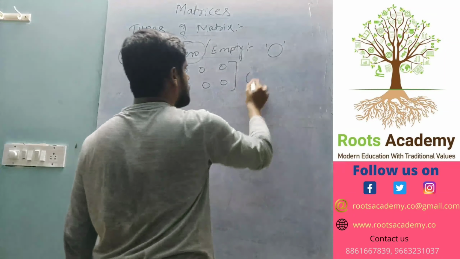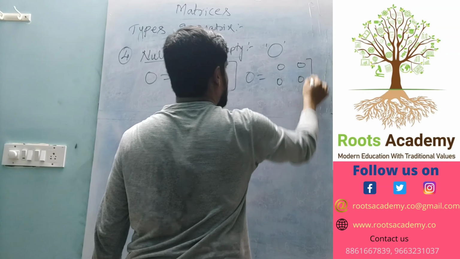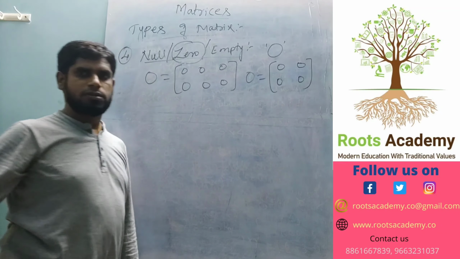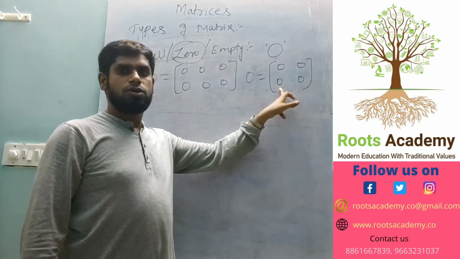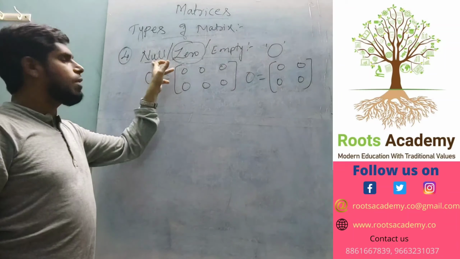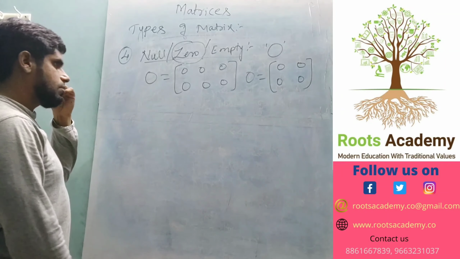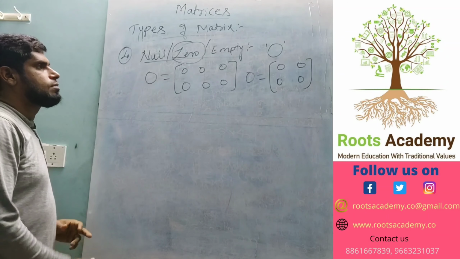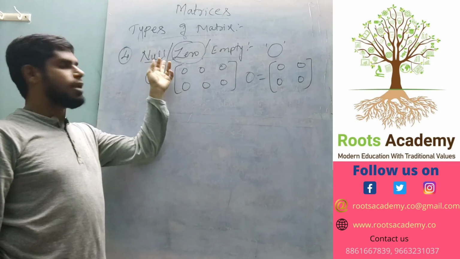And it can be like this also, obviously it is a square matrix, but here all the elements are 0, so it is called a null matrix. So a matrix whose all elements are 0 is called a null matrix.